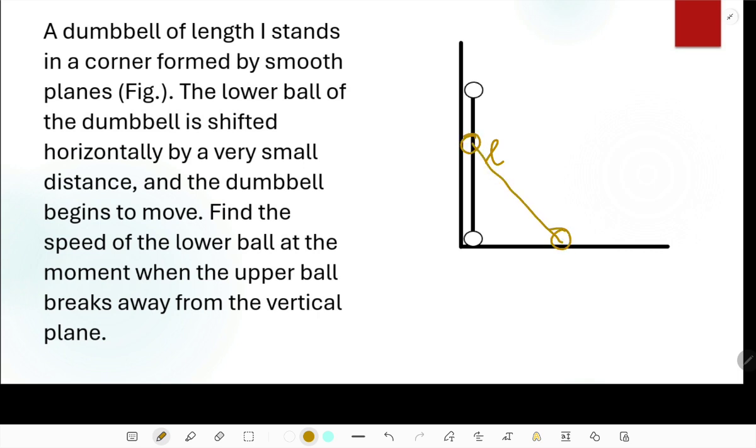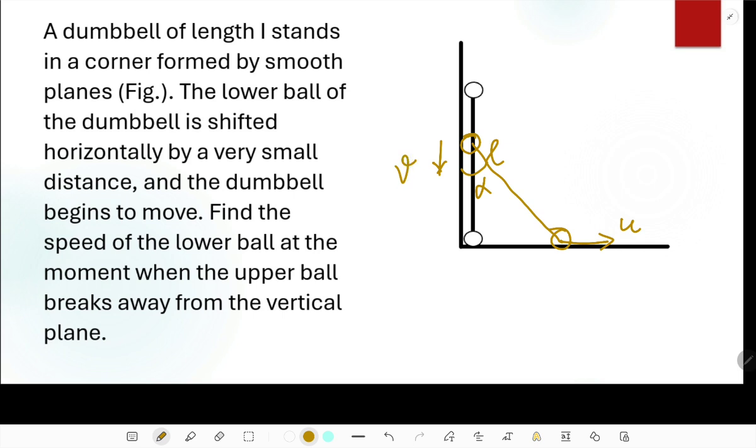And I would like to make this angle alpha, so that at this moment this is moving in this direction and this ball is moving in this direction with velocity v.